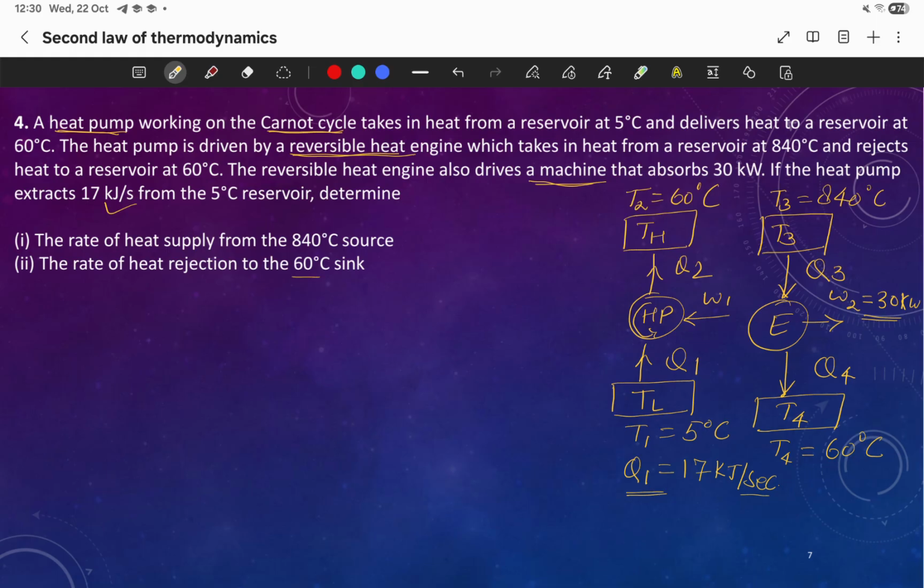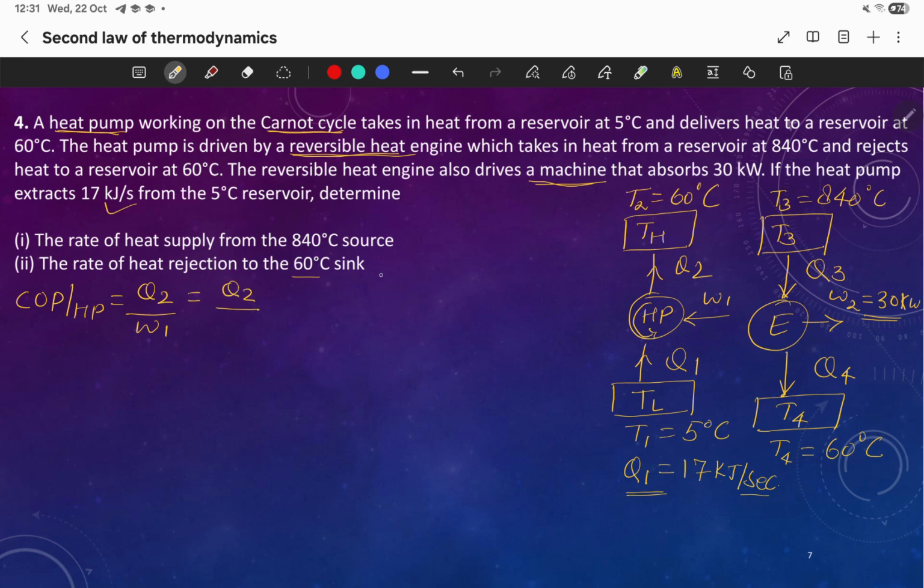Now let's write the COP for heat pump. This will be the desired effect upon work input. So this will be Q2 upon W1.